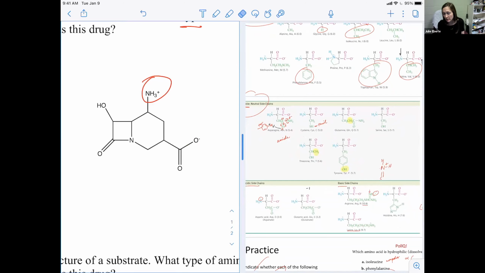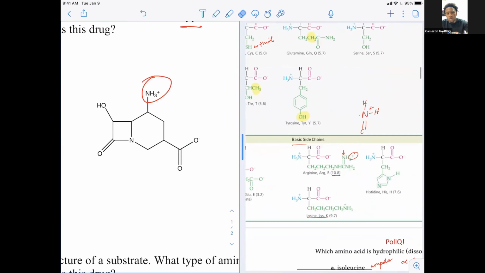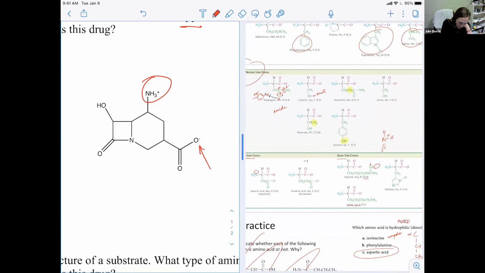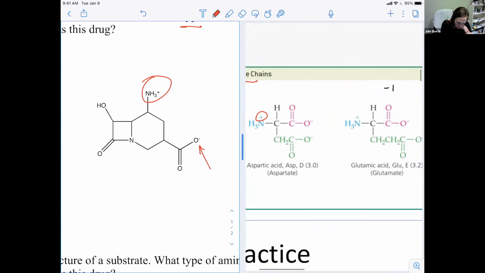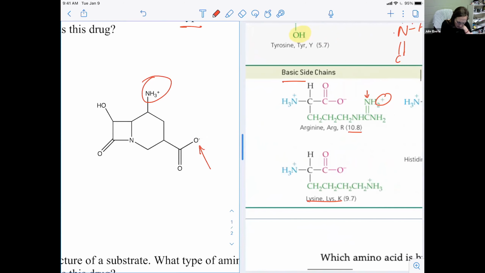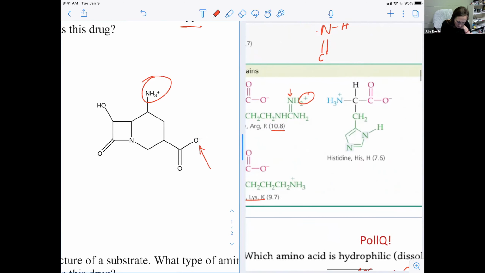There's more than one acceptable answer. Your options are aspartic acid, glutamic acid, arginine, lysine, or histidine.